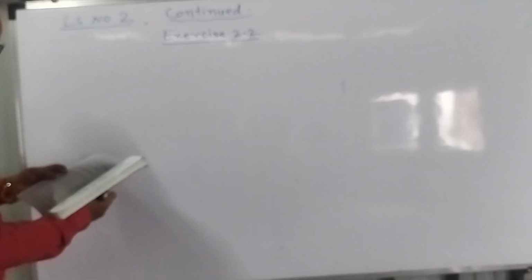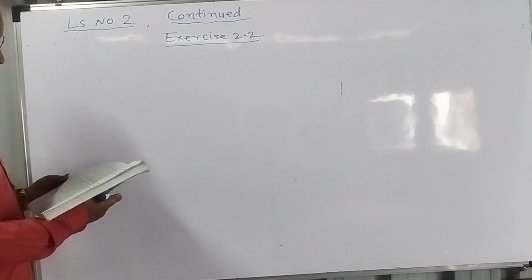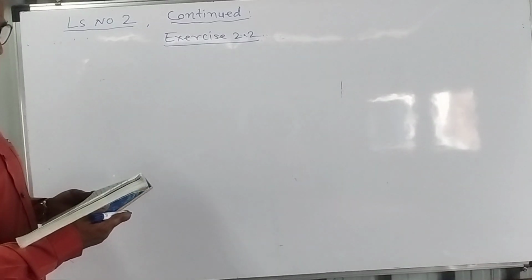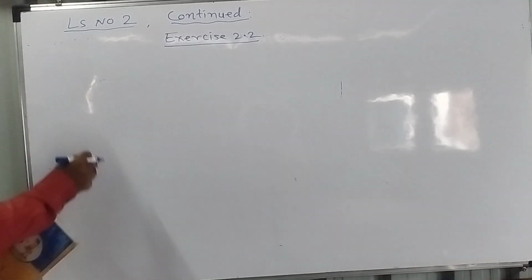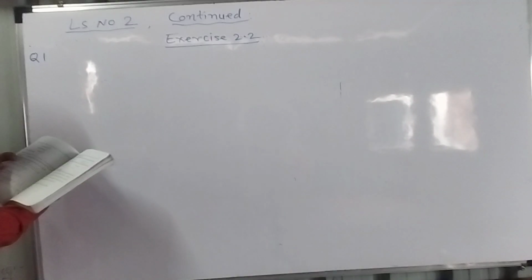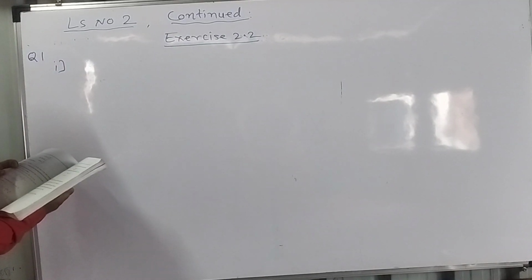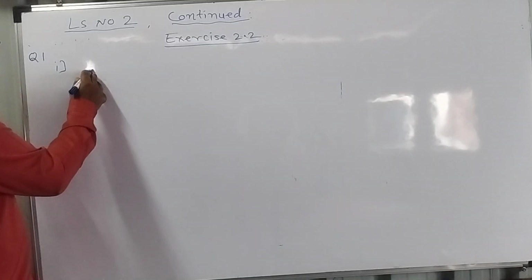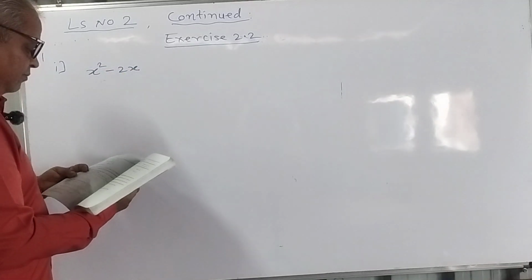Question number 1. Find the zeros of the following quadratic polynomials and verify the relationship between the zeros and the coefficients. Now the first sub question is x square minus 2x minus 8.